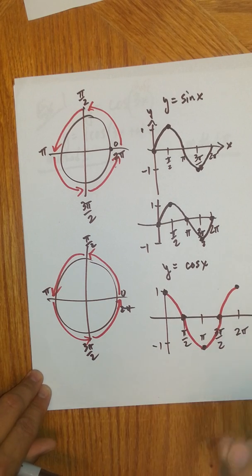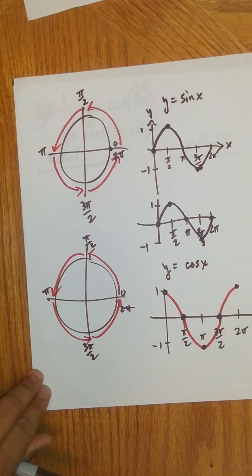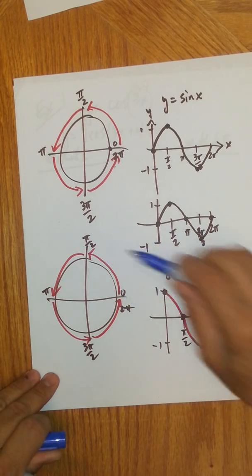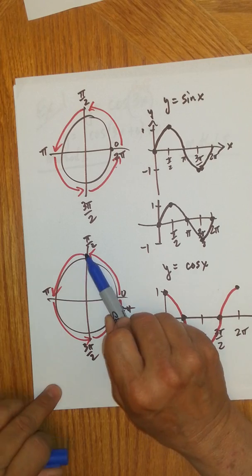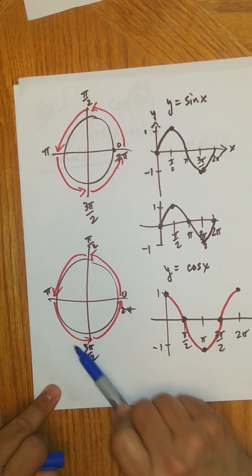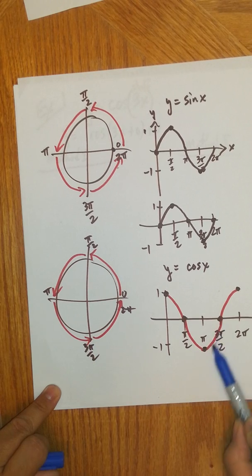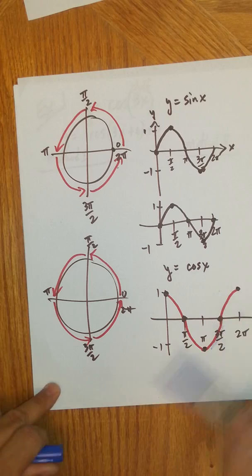So as long as I'm taking the cosine of values from 0 to pi over 2, I'm going to create this first part of the graph. Then when I go from pi over 2 to pi, I'm going to generate this part of the graph. When I go from pi to 3 pi over 2, I'm going to generate this part of the graph. And when I go from 3 pi over 2 to 2 pi, I complete the cycle right here.